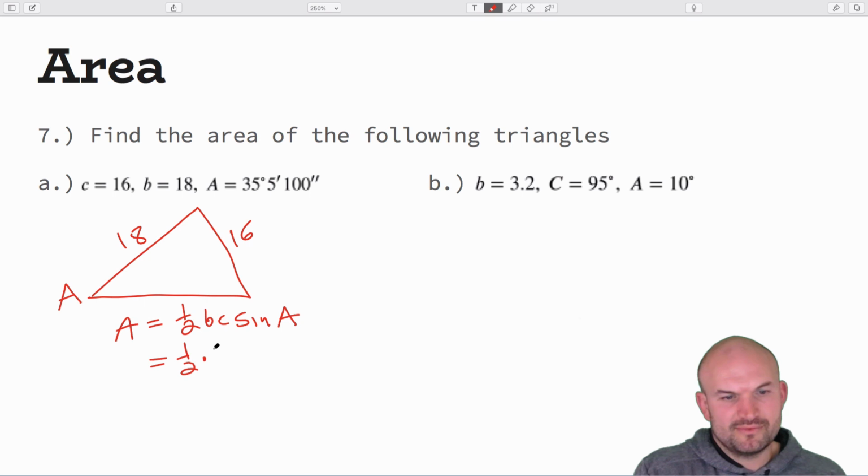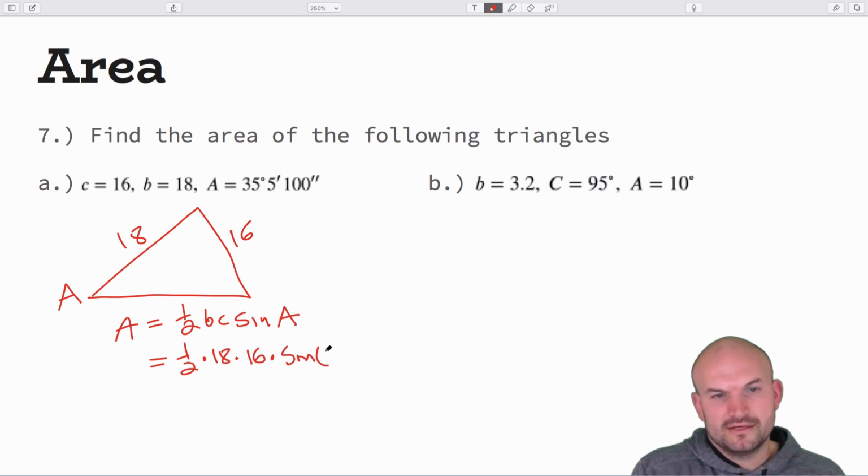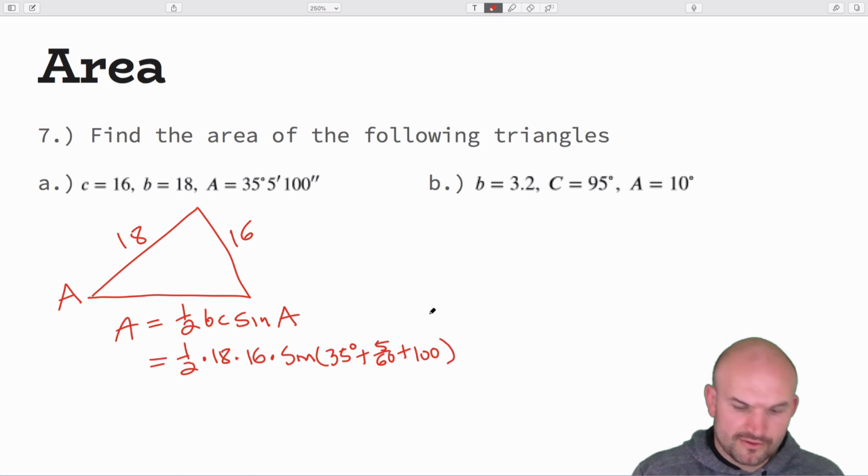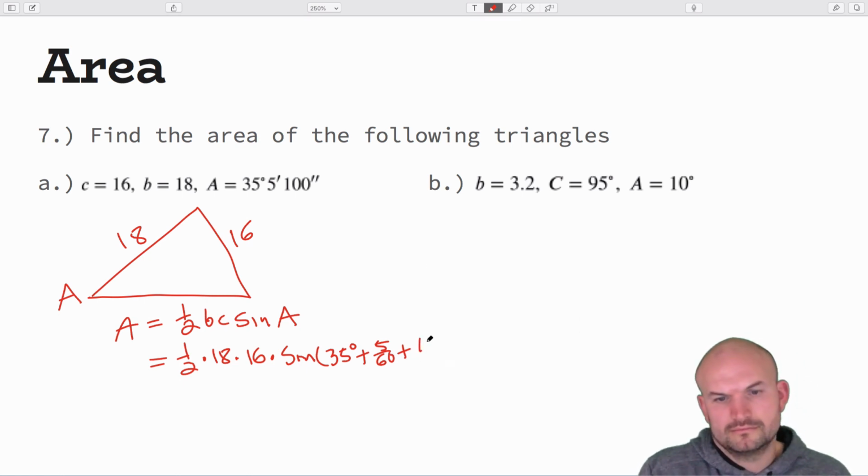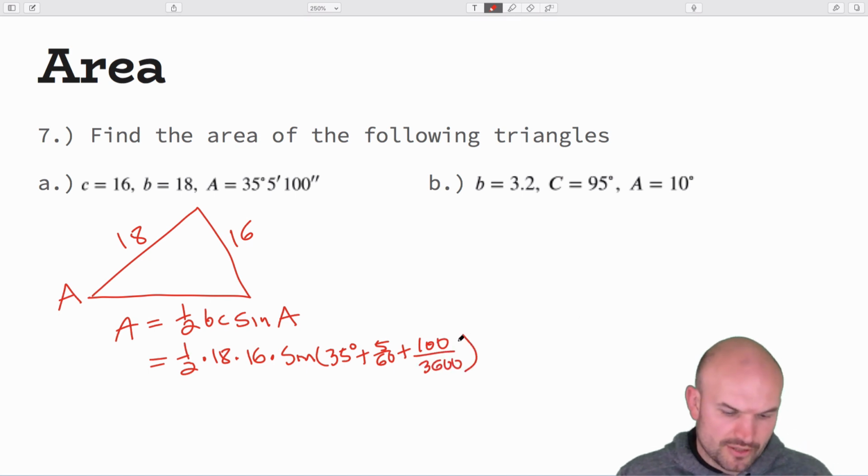So I'll just do 1/2 times 18 times 16 times the sine of 35 degrees plus 5 over 60 plus 100 over 3600. Okay, so we do 0.5 times 18 times 16 times the sine of 35 plus 5 divided by 60 plus 100 divided by 3600.